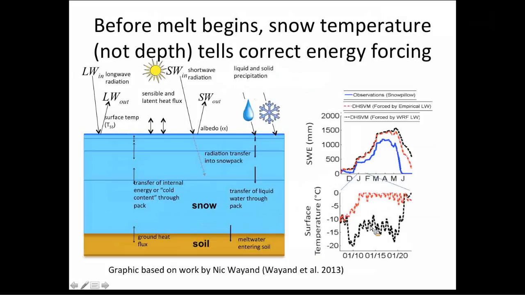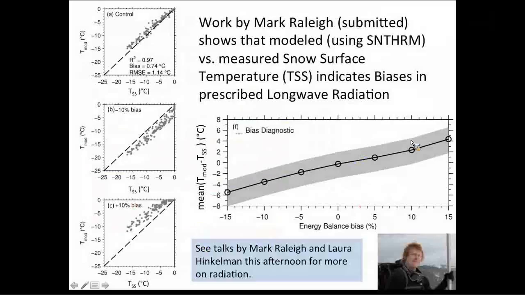And you can see that this is a simulation where we're varying the incoming long wave radiation, which is basically one of the hardest components to physically measure in the mountains. I've found more broken long wave radiometers than almost anything else, except maybe precipitation is harder. But that's hard to measure, but the snow surface temperature is actually pretty robust to measure.